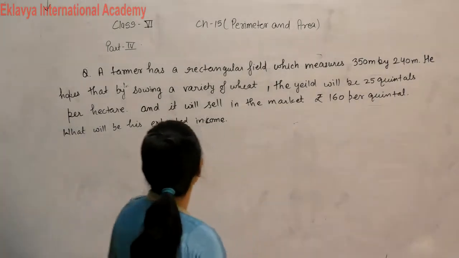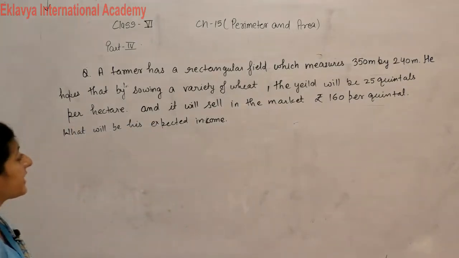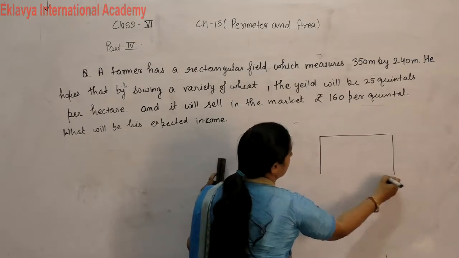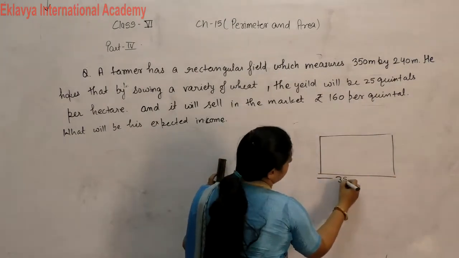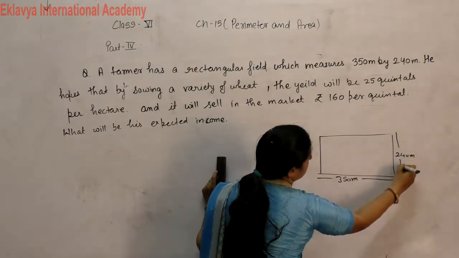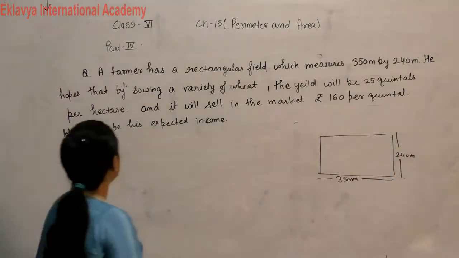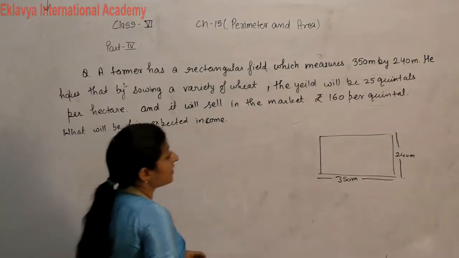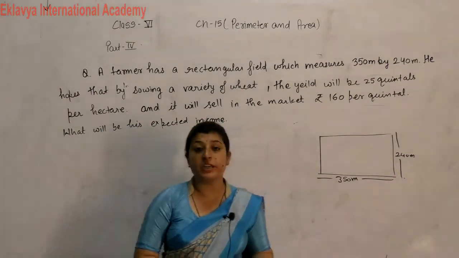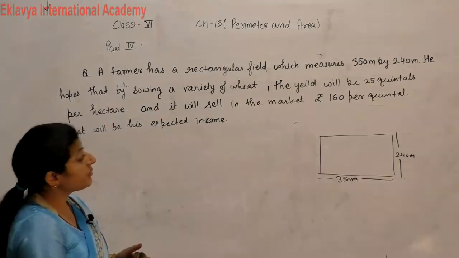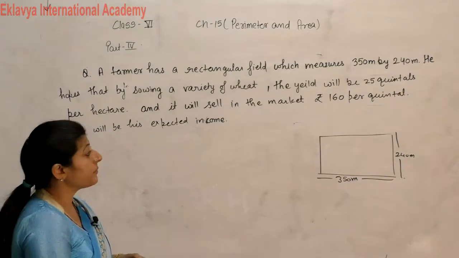See, what is the question? A farmer has a rectangular field of 350 meter by 240 meter. He hopes that by sowing a variety of wheat, the yield will be 25 quintals per hectare, and it will sell in the market at rupees 160 per quintal.